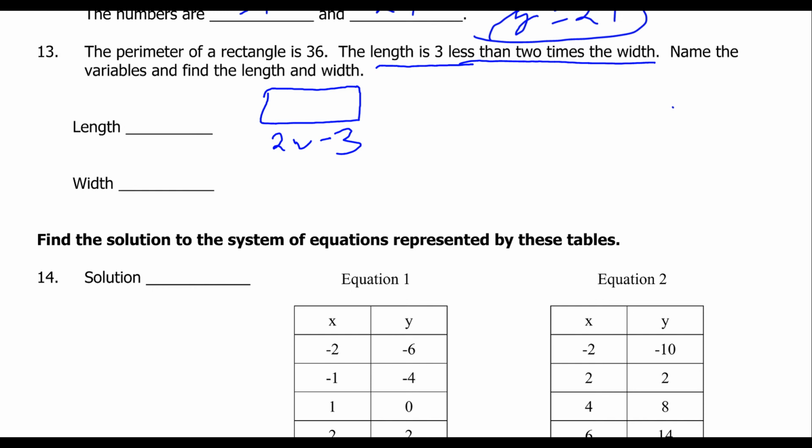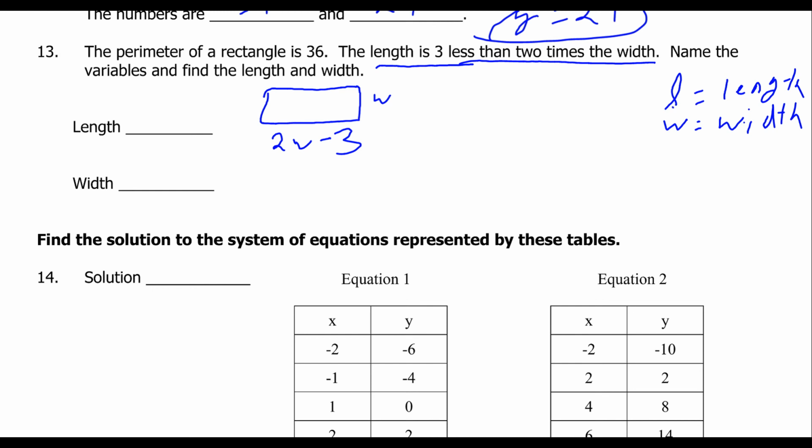Alright, so the width is right here. Now, name the variables, okay? So, our variables, if you haven't already guessed, are going to be L, which is going to be the length, and the width, which is W. Those are just common, so that's what we're going to use. Now, the perimeter, okay? There's several ways that we can do this.